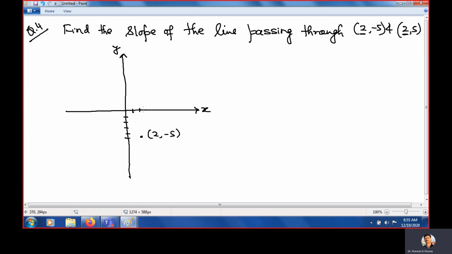Now take another point, 2, 5. 2 is same. So 1, 2, 3, 4, 5. This point is 2, 5. Now if you will draw a line that passing through these points, then you will see this one. This line is parallel to y-axis.